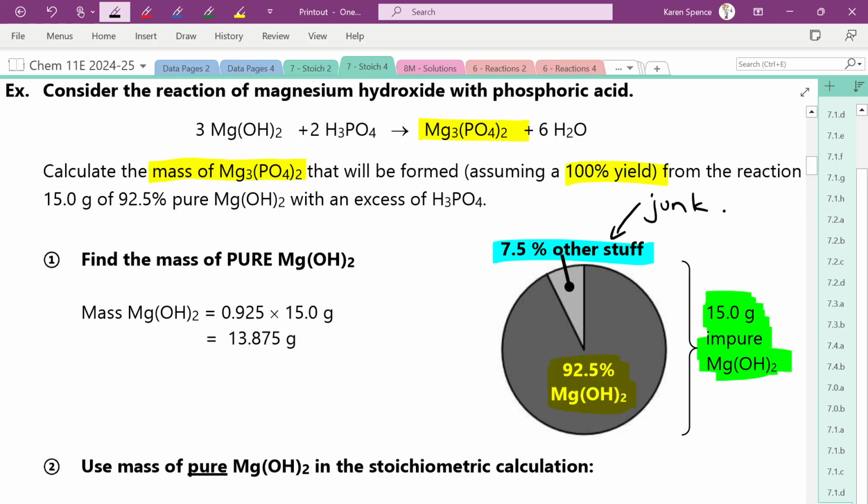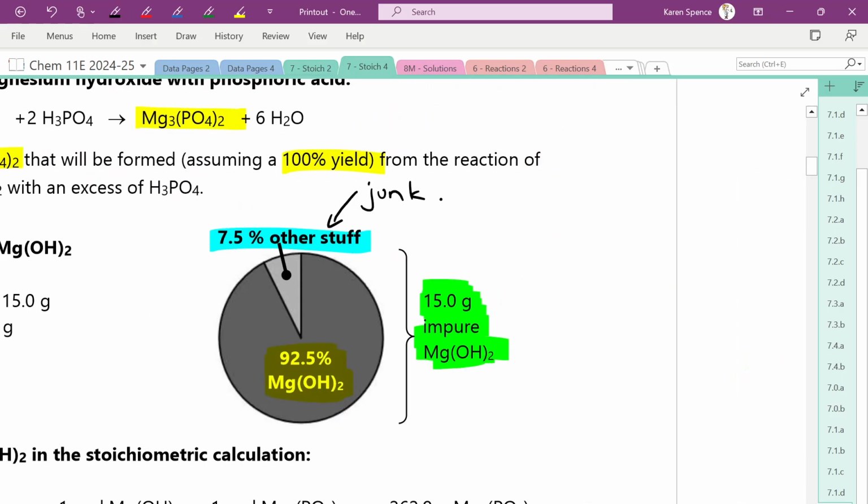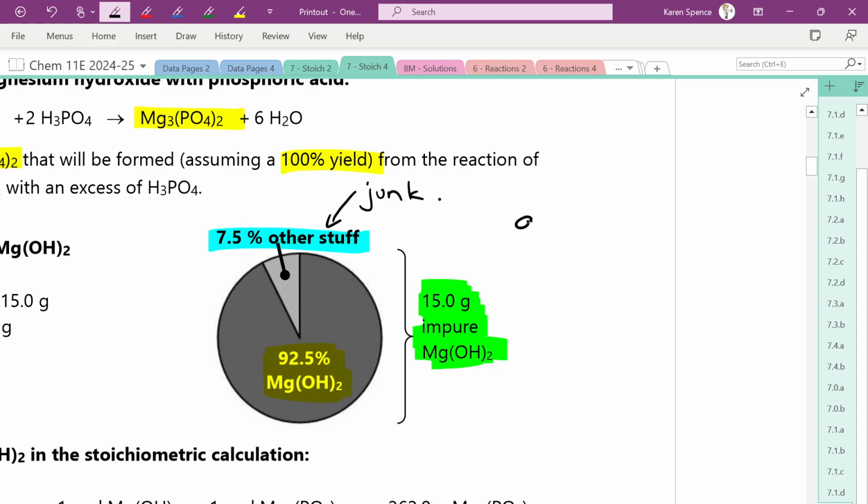So, is the entire 15 grams going to react with H3PO4? No, only 92.5% of the impure sample will react. And what does the word of mean? Of means times. So guess what we do?